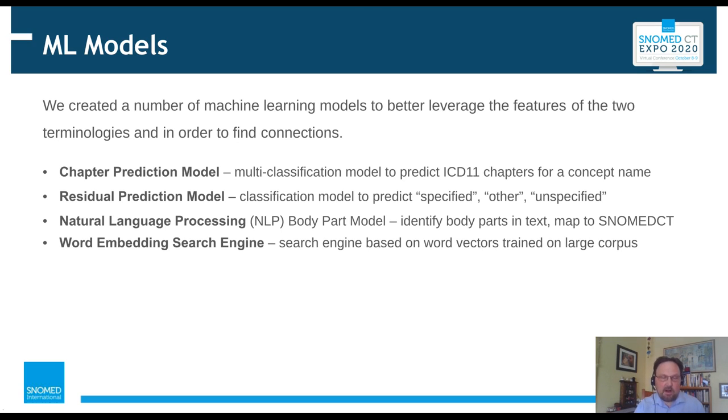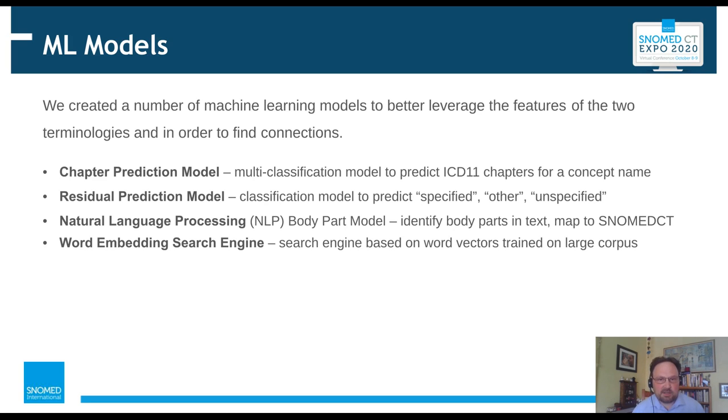So the model was built off of text and word embedding text models, and essentially takes a name of a concept and predicts the ICD11 chapter or chapters that may have corresponding codes. It's a multi-class model, so it can predict multiple chapters, which is then an indicator or a suggestion that that SNOMED concept may actually have multiple stem code maps in the corresponding ICD11 terminology.